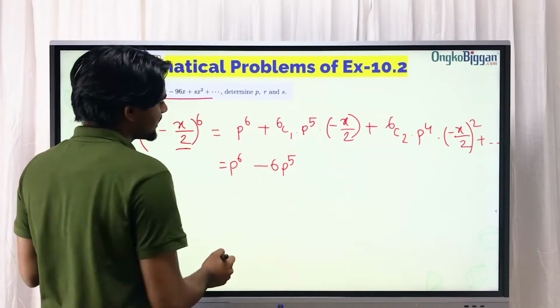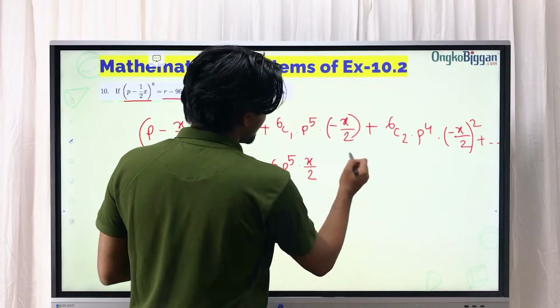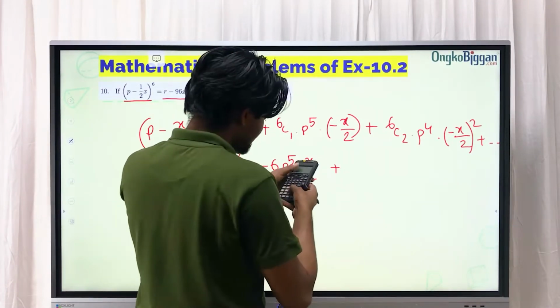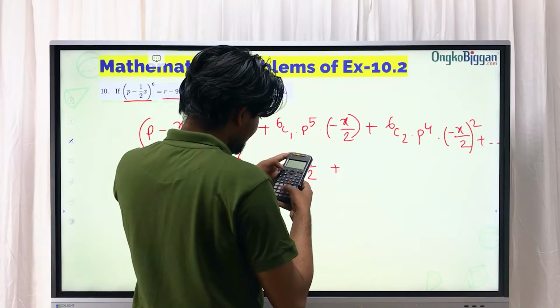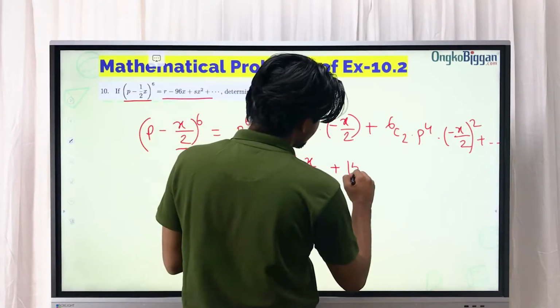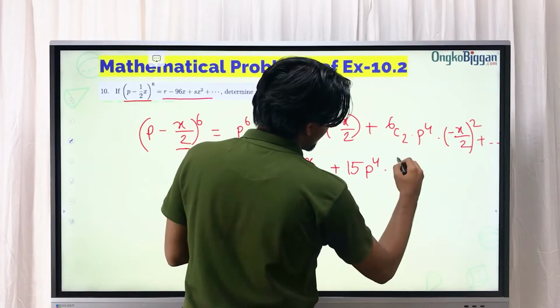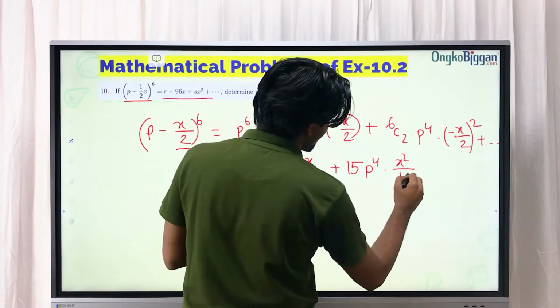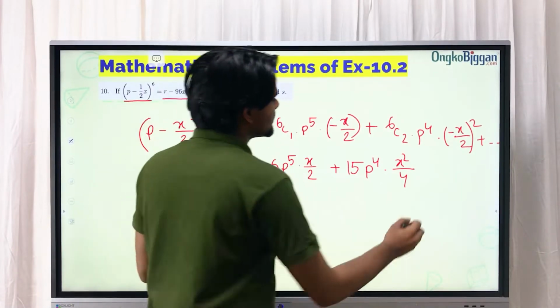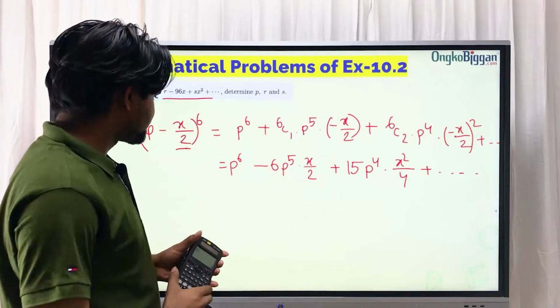So minus 6p^5 · x/2 plus 6C2, which is equal to 15, plus 15p^4 · x²/4 and plus dot dot dot.